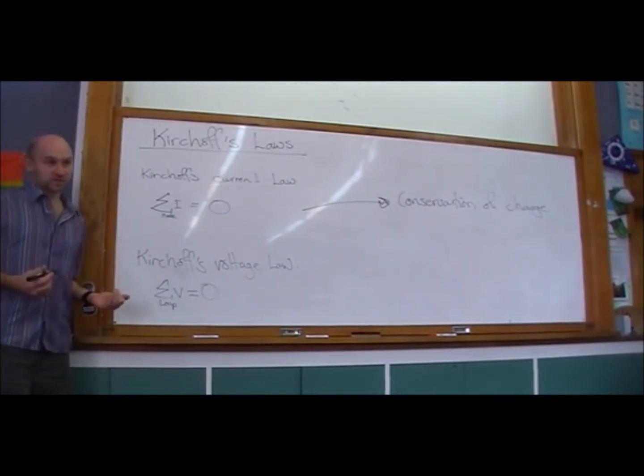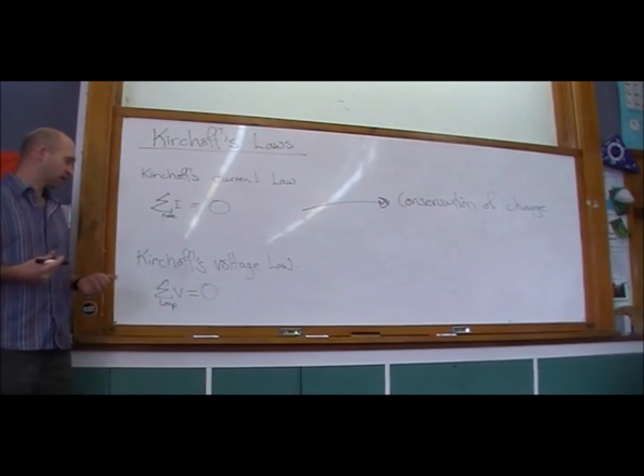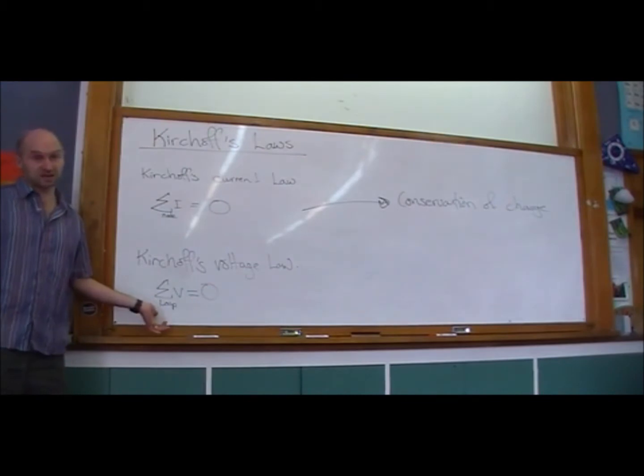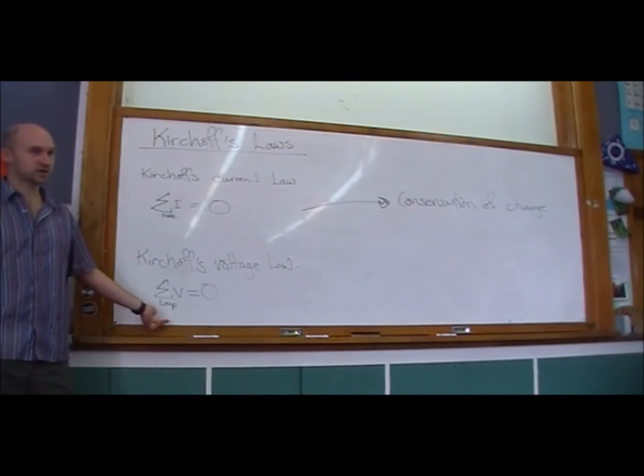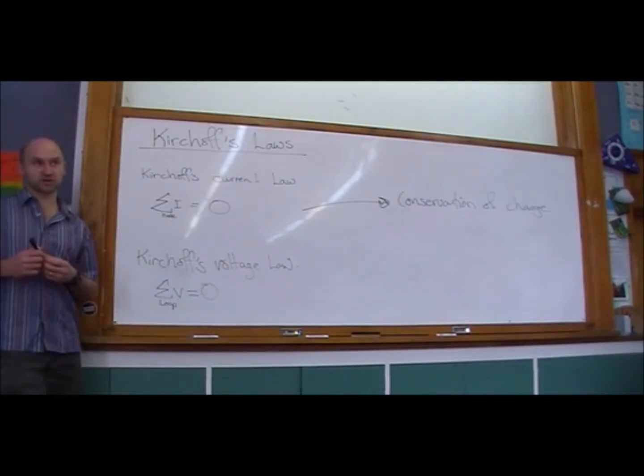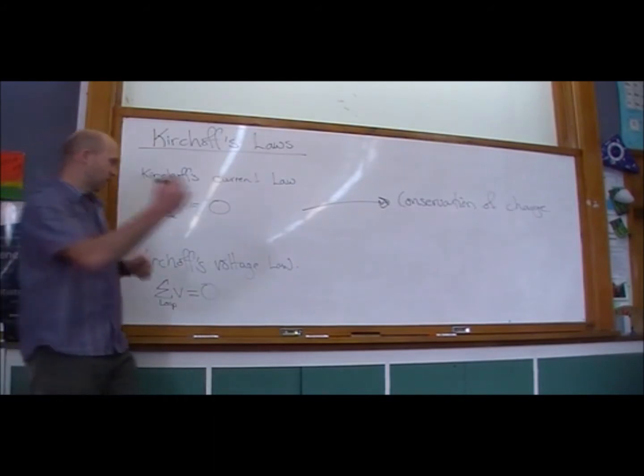Kirchhoff's voltage law is a little bit more complicated. It tells us that the sum of voltages around any closed loop in a circuit must be zero. That comes from conservation of energy, because voltage is energy per charge.